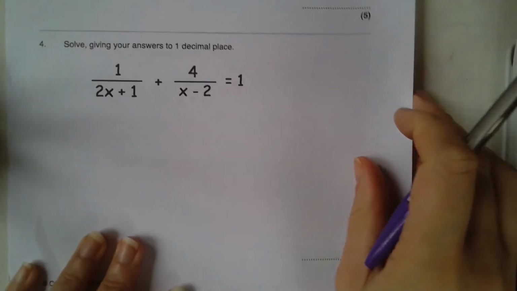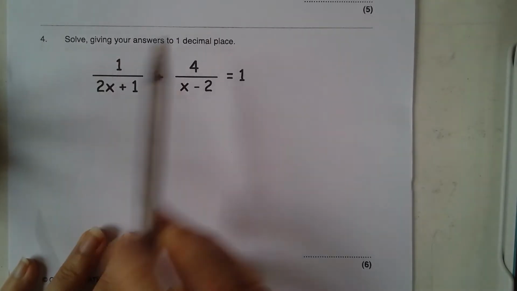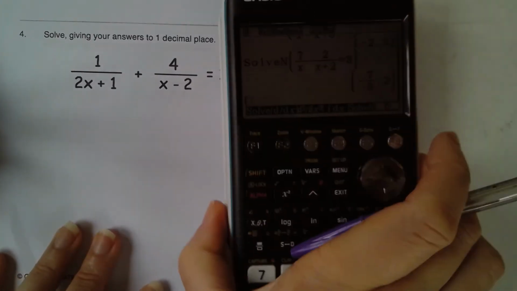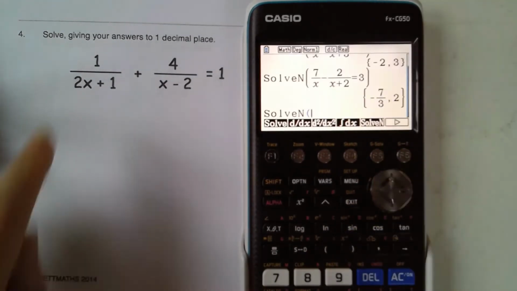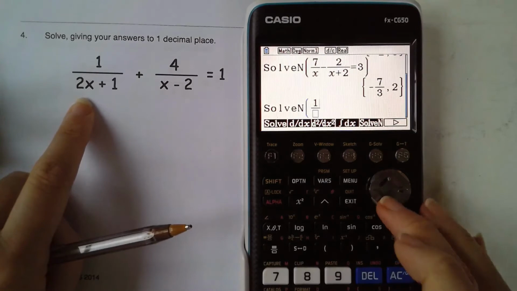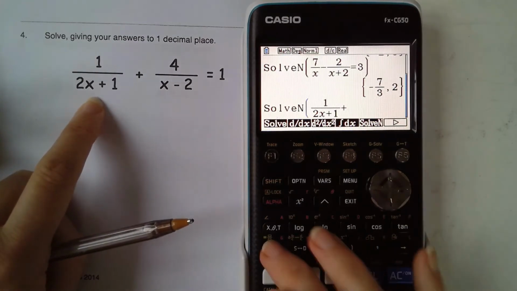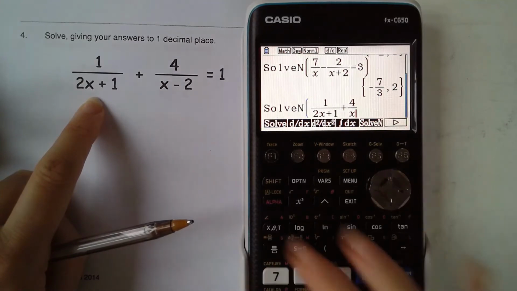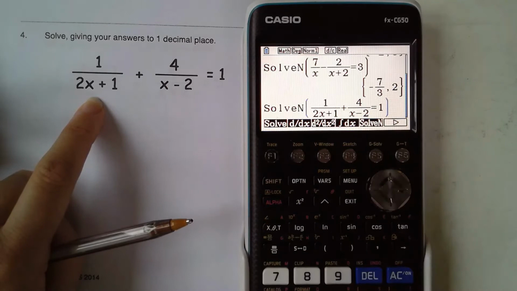Question number 4 is slightly different, because on this one it says solve, giving your answers to 1 decimal place. So let's see how different this looks on the calculator. Solve n once again. I have 1 over 2x plus 1, add 4 over x subtract 2 equals 1.